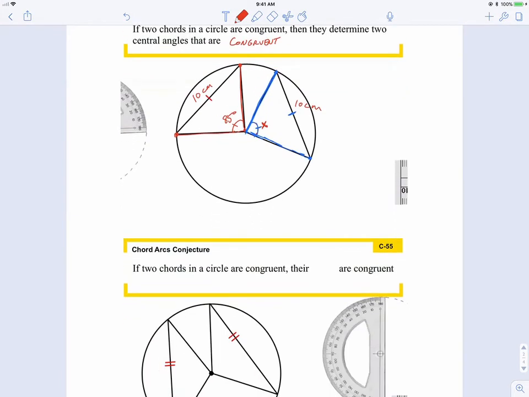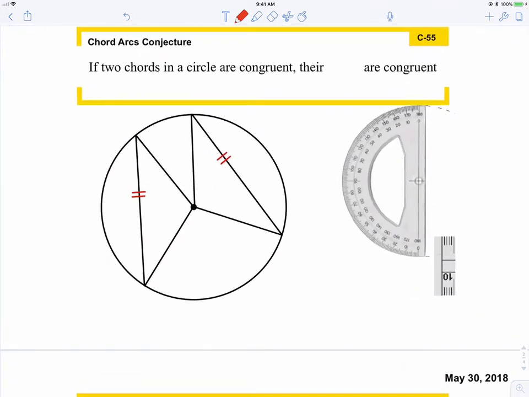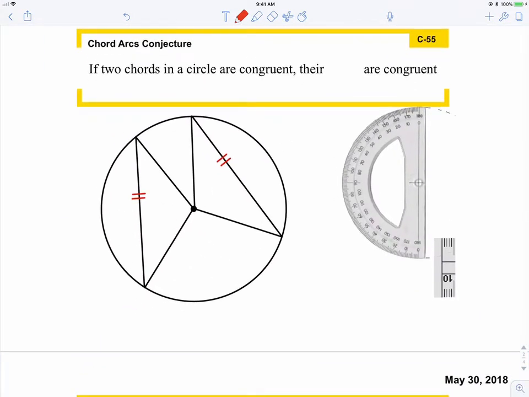Now, because of that property, this next one is kind of easy to come up with. So if these two chords are congruent, because of what we just learned, those angles are congruent. And we know that these are central angles, and so the arc they intercept will be the same measurement. So now we're talking about the arc.